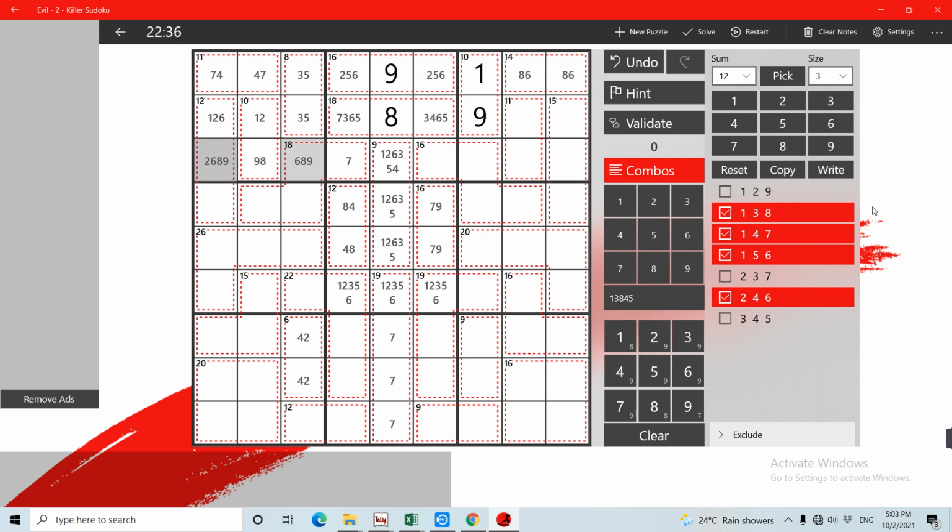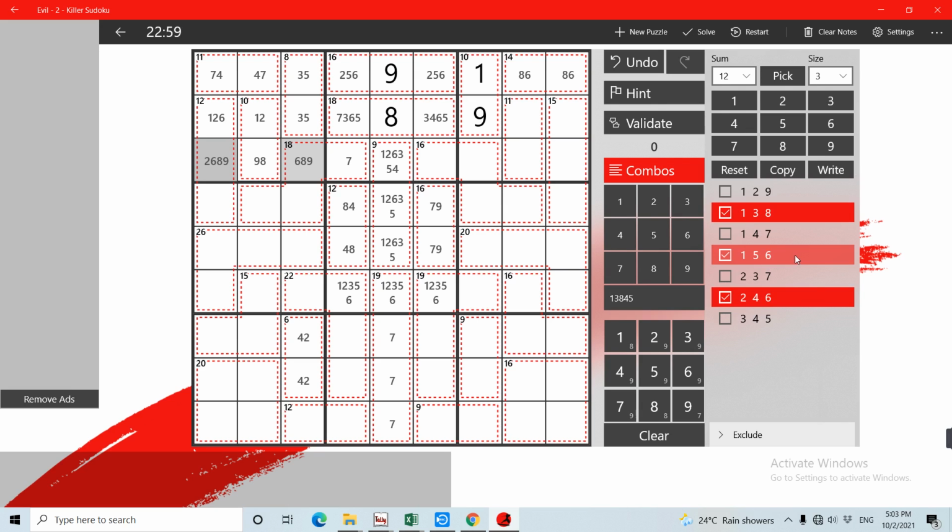Anything which has 4 and 7, anything which has 4 and 5, so these are the possible left out combinations: 2, 4, 6, 1, 5, 6, 1, 3, 8, 3 combinations.